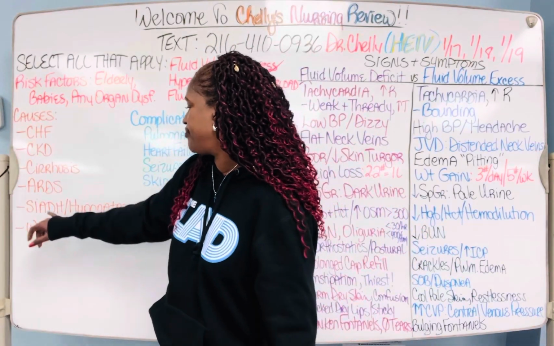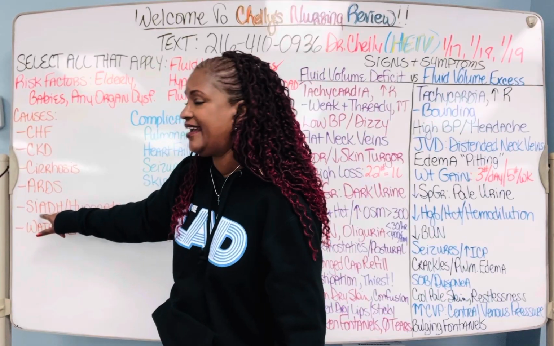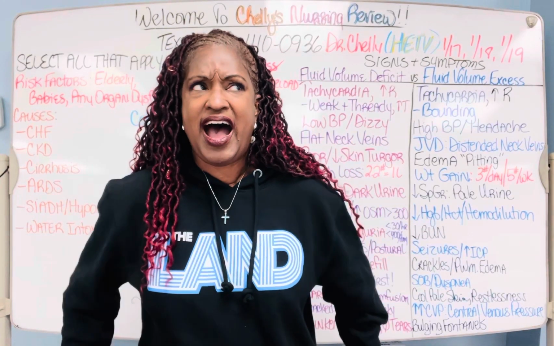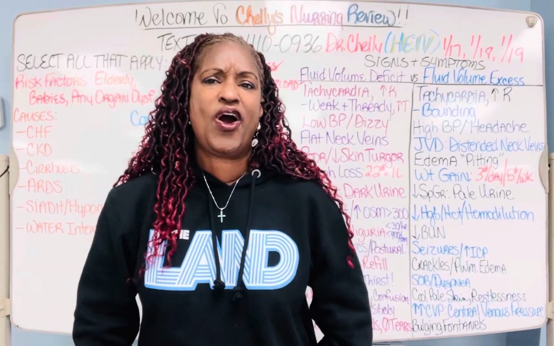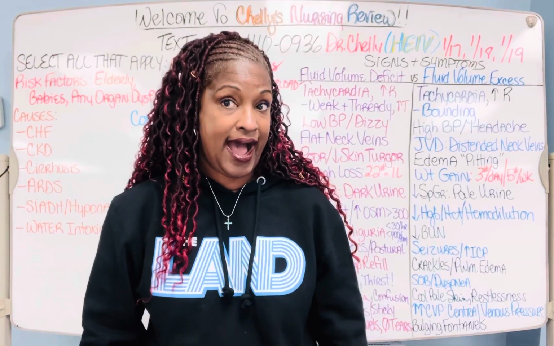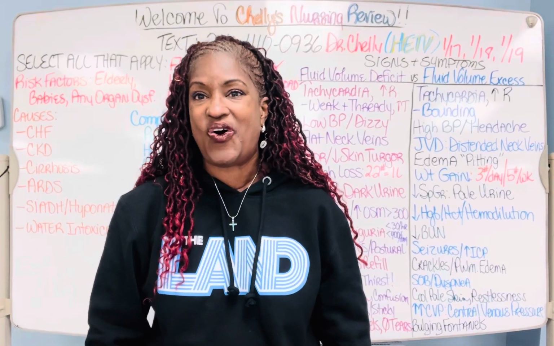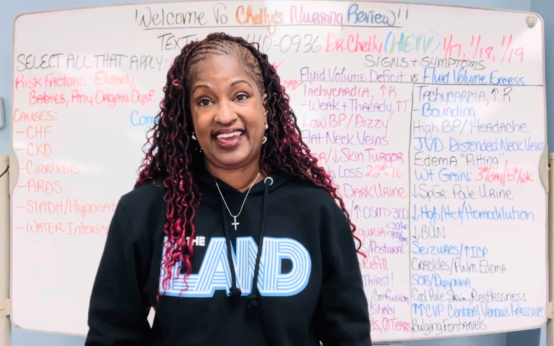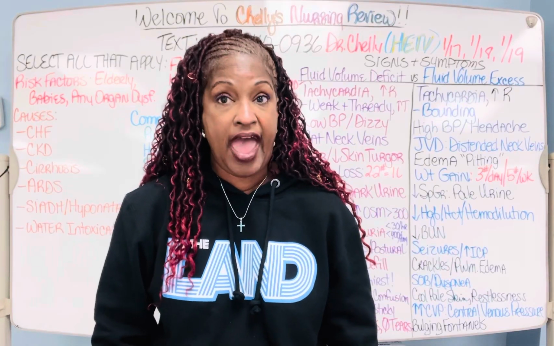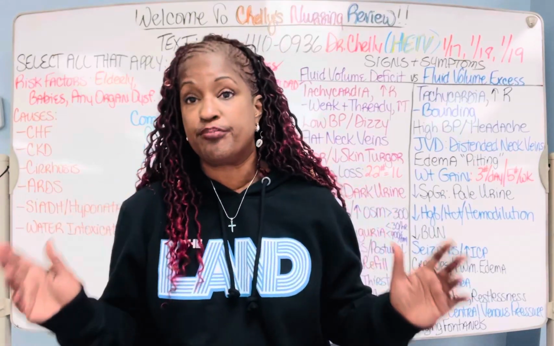So the patient with SI, or high antidiuretic hormone, are they peeing or are they not peeing? High antidiuretic hormone is not peeing. They're holding on to their fluid. They're having fluid retention, and it could be for any number of reasons.